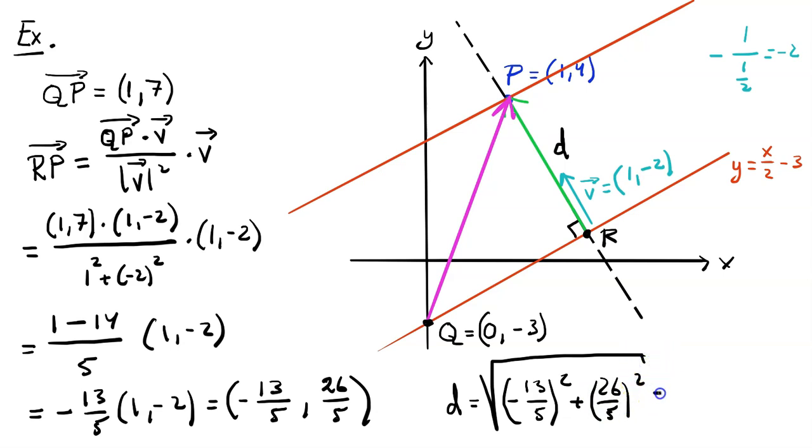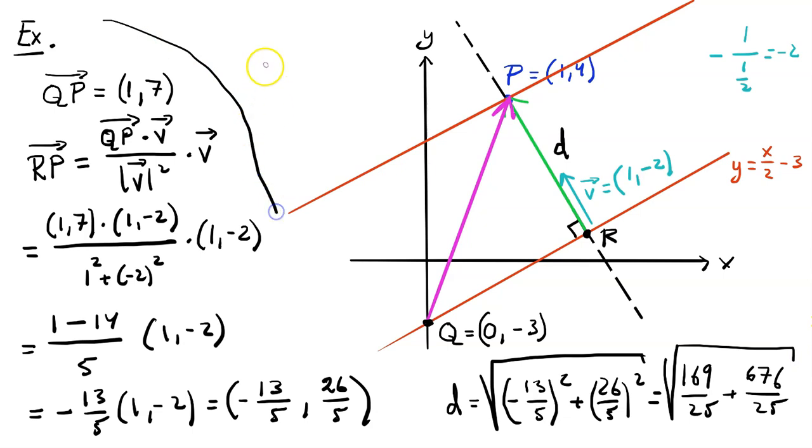Then what do we get? So this is 169 25ths plus 676 25ths. And let us continue up here then.